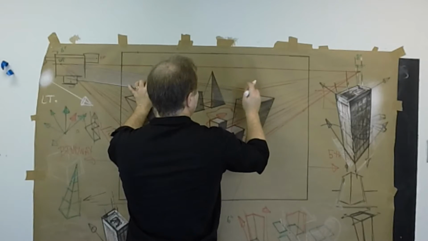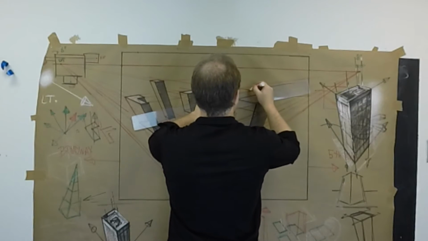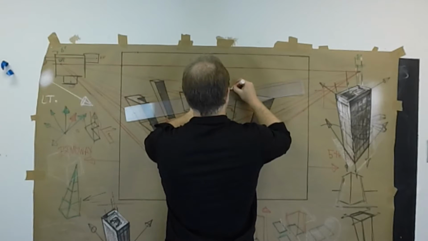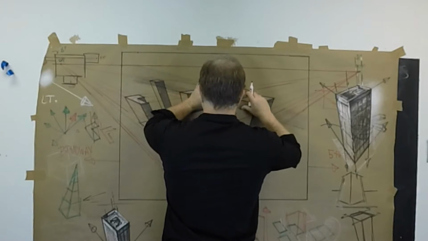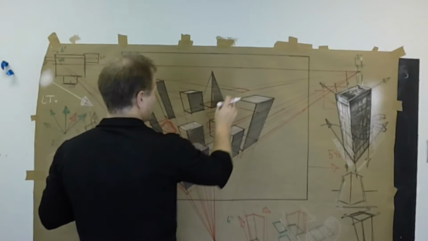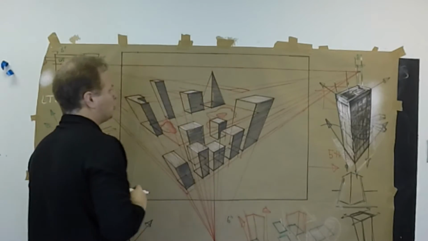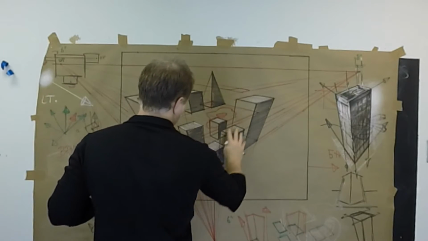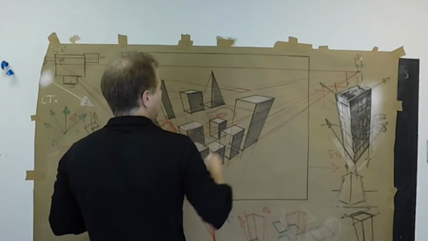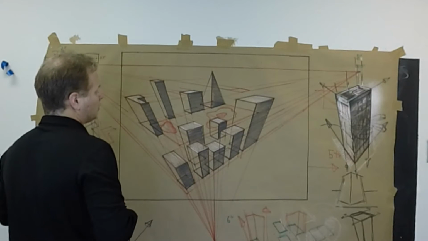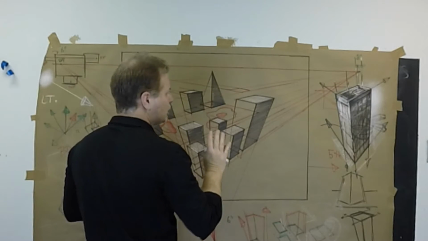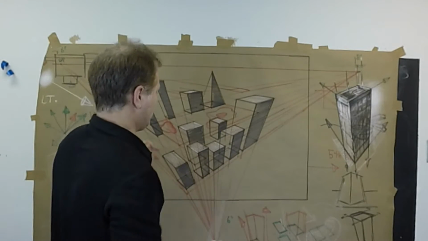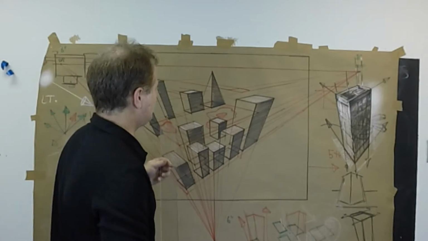One case in point as you're drawing along with me is that as we move further and further back in space, we probably want to start making our buildings, in our perceptual sense, smaller than these buildings up through here in terms of width, and also relatively in height, to get that sense of deep space where we're pushing back and our foreground objects are coming forward. So we just keep that in mind.